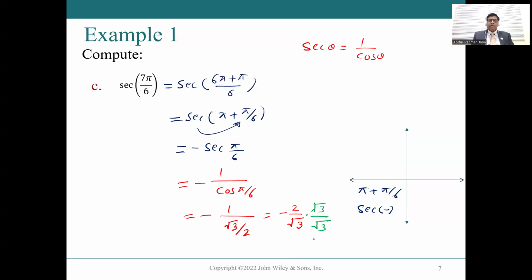And once you simplify, this gives us minus 2 radical 3 over 3. So always leave the final answer free from the radical sign. Okay.